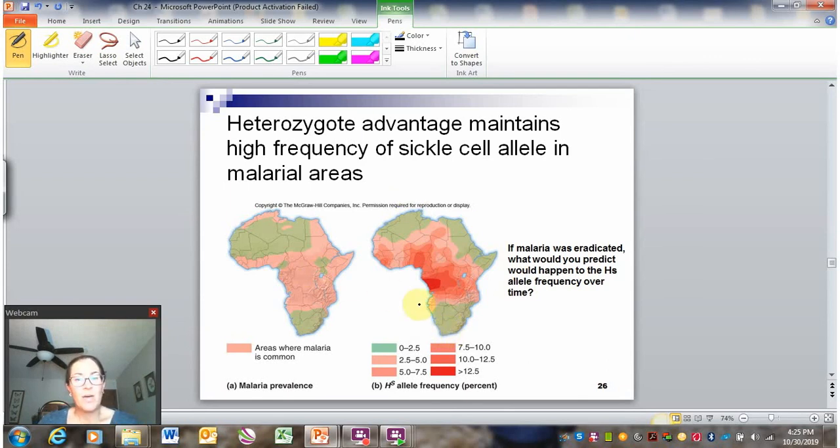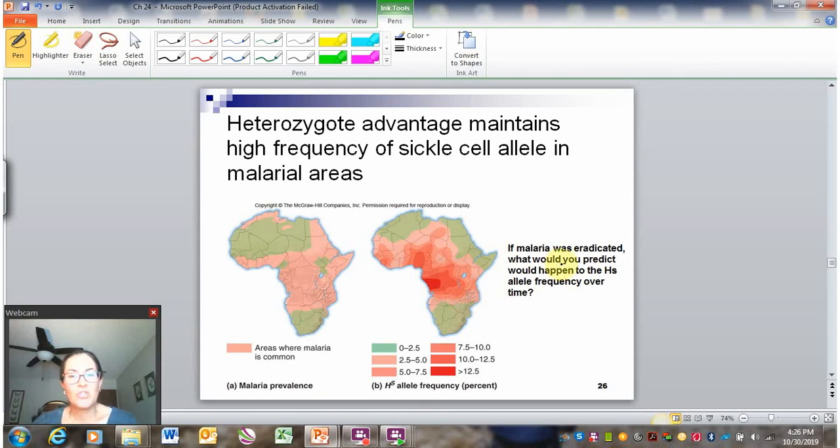And in fact, if you look at populations that no longer live in these regions, they still have a relatively high rate of the sickle cell gene. So for example, in the United States, people who descend from Africans of this region have a higher frequency of sickle cell anemia. So it's relatively rare in white European populations, but relatively high in people with African ancestry from these particular regions of Africa, still to this day.